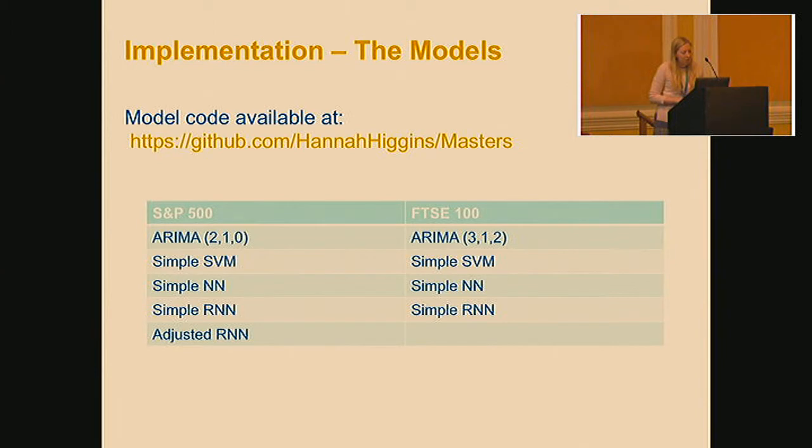A simple support vector machine, a simple neural network, a simple recurrent neural network. Recurrent neural networks are really good for this, as they're designed to capture sequence information. Previously, neural networks would treat every input as independent, but the recurrent neural network treats your data as a series, as the time series requires.